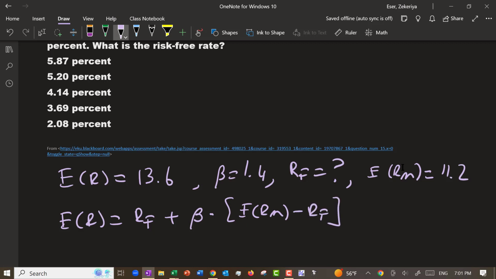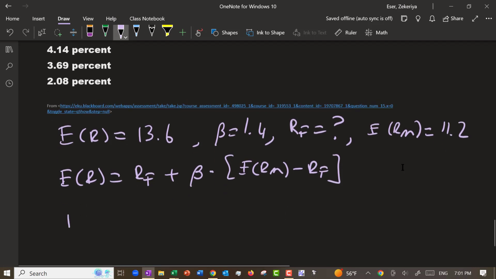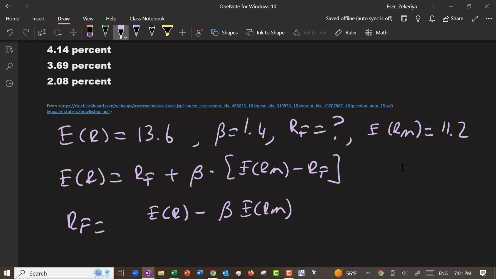All we have to do is solve for risk-free rate.